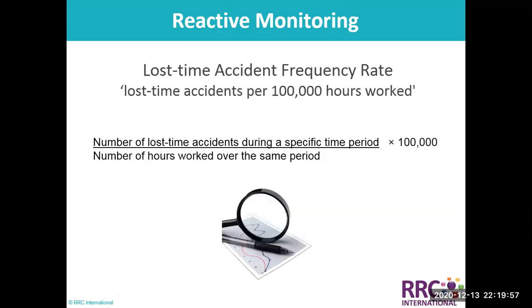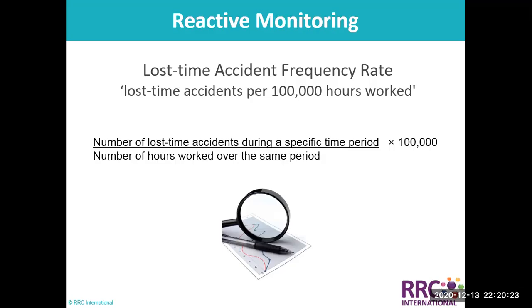Then reactive monitoring, continue. Lost time accident frequency rate. This is just like a calculation, which says the number of lost time accidents during a specific period of time times 100,000 over the total number of man hours. Also note that lost time incident does not include first aid. It does not include near misses.